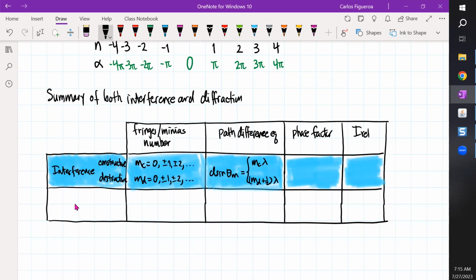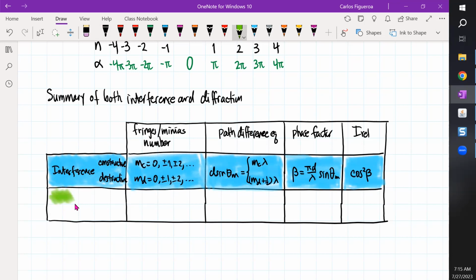My phase factor is beta. Beta is then going to be pi d over lambda sine theta m, and our relative intensity is cosine of beta.